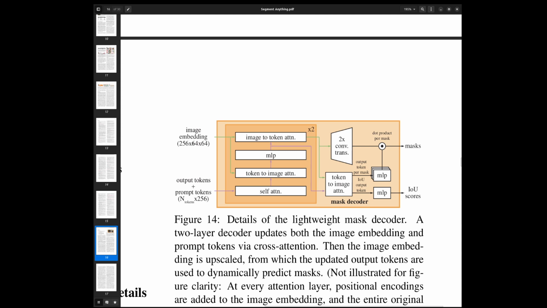So a token has 256 dimensions. And then you weight the tokens of the image based on the image to token attention, based on the tokens that you provide. Let's call this the input, the prompt tokens, right? So what you get here is the embedding that you had before, but weighted by the importance from the prompt tokens.